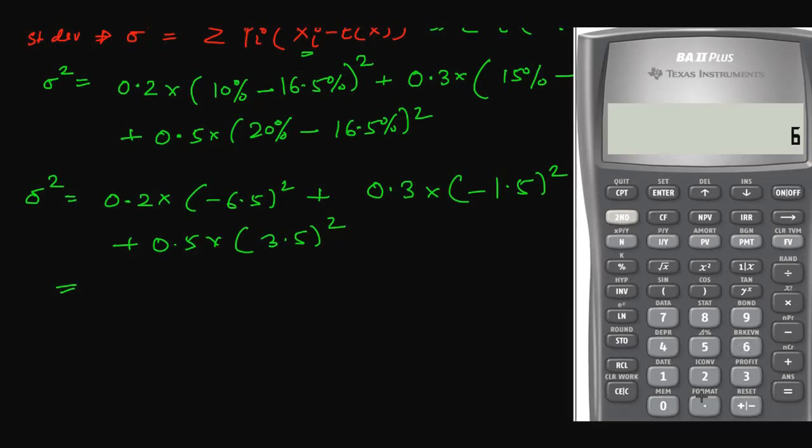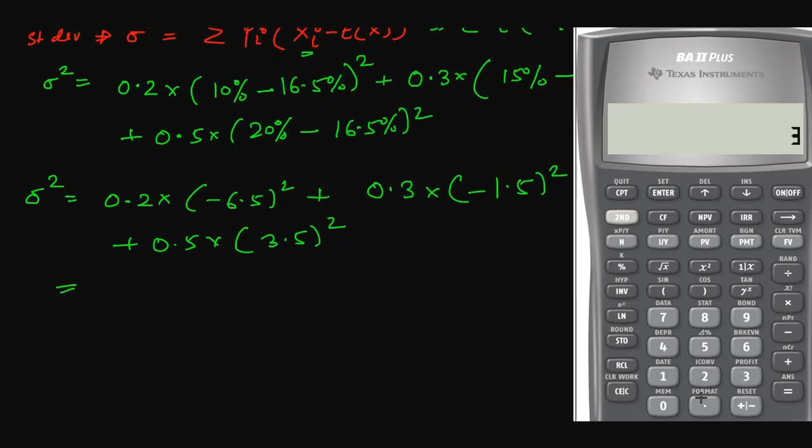So we square 6.5 and multiply it by 0.2, and we can employ the store button to store it in 1. Then we do 1.5 whole squared, multiply it with 0.3, and store it in 2.